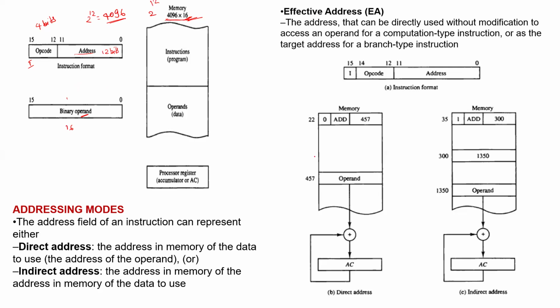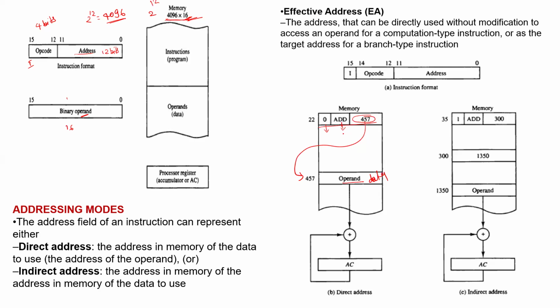For example, if you see here, this is the instruction code of 16 bits. By the opcode, the addition operation should be performed, and this 0 shows the direct addressing mode, and this 457 shows the address of the operand. So once we reach address 457, whatever information is there, that is our operand, that is our data.